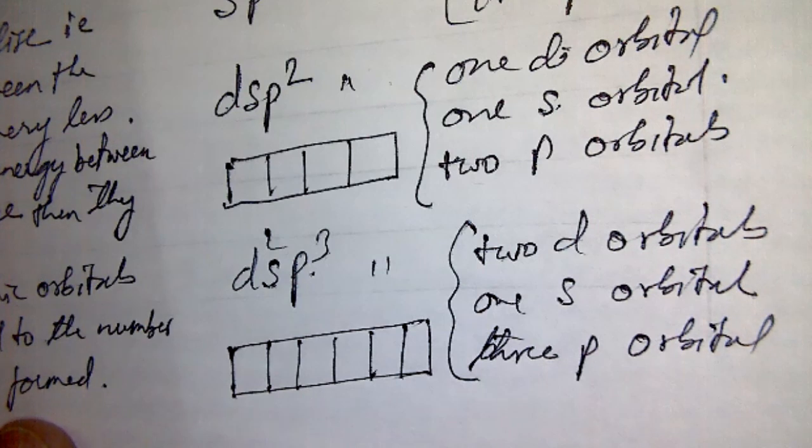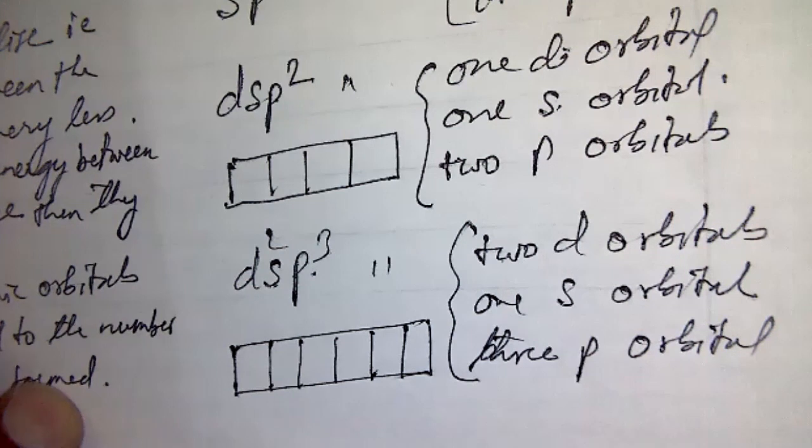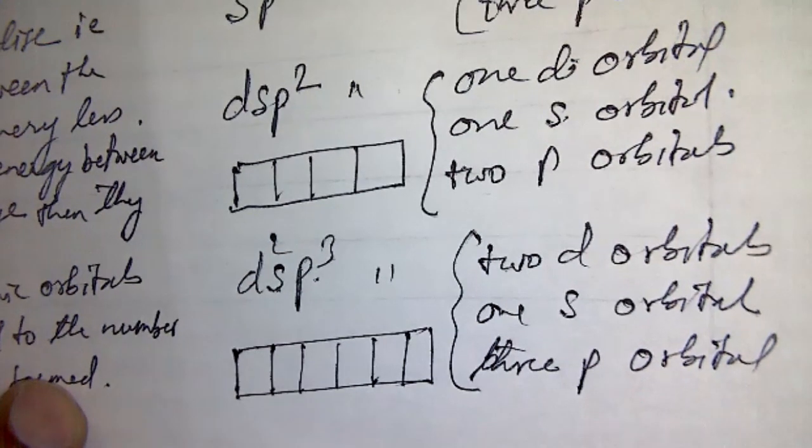So what shape it gives, we'll see that. Understood? So let's see one by one, how these different hybridizations give a particular shape to the molecule.